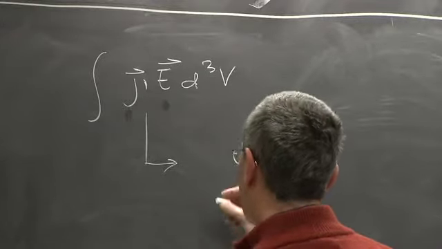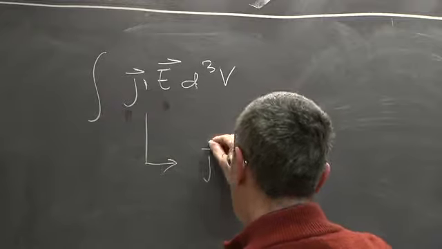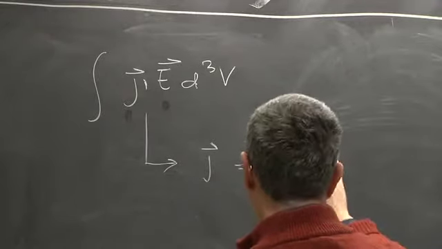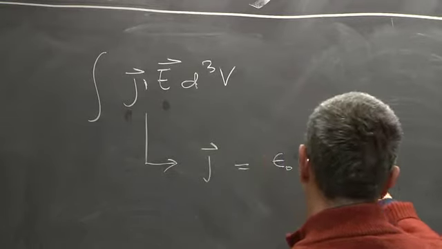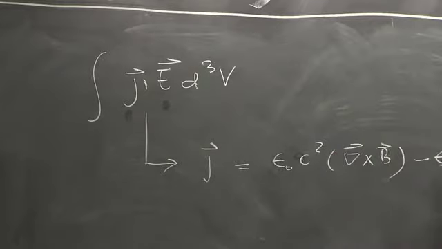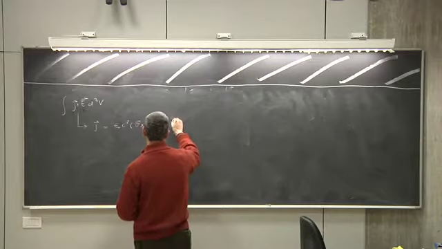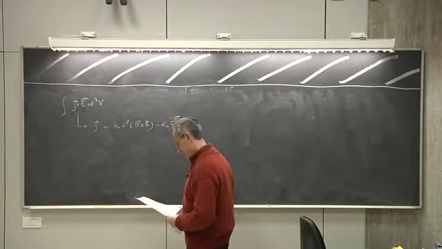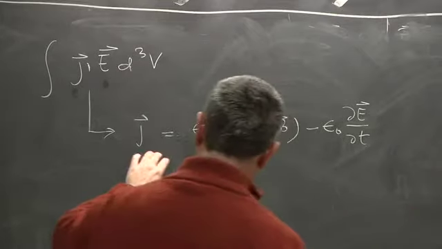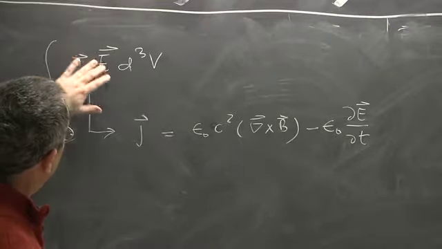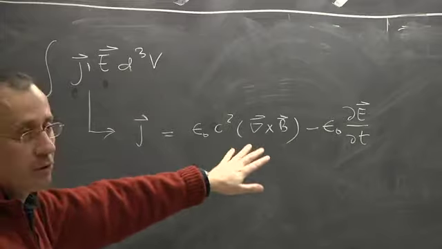So I use the Maxwell equation that tells me J is equal to epsilon naught c squared, the curl of B, plus, actually minus, this famous Maxwell displacement current. So I take the Maxwell equation, I replace it inside this integral, and this way I have everything written in terms of electric and magnetic field.